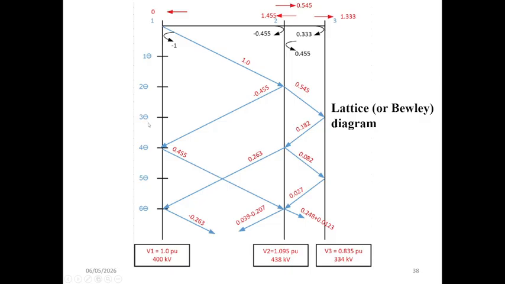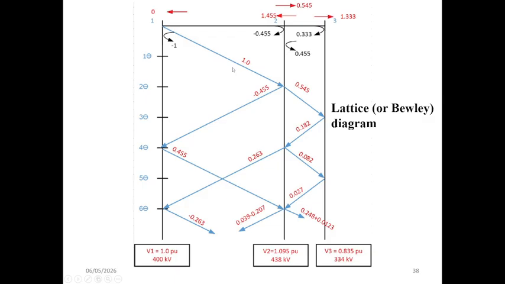So the horizontal axis represents the physical section of the line from bus 1 to bus 3, while the vertical axis represents time in multiples of travel time theta. The initial surge of magnitude 1 per unit originates at bus 1 and travels toward the right.